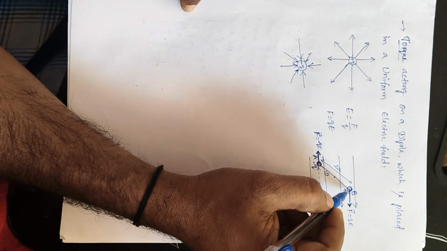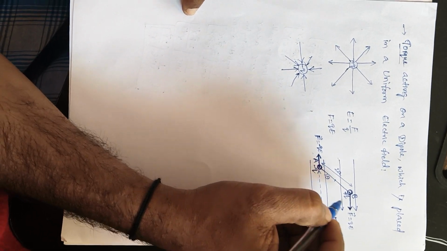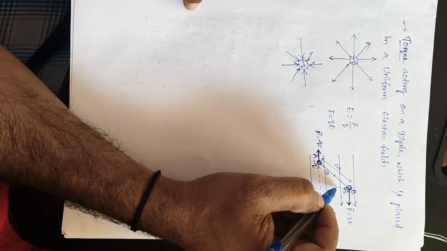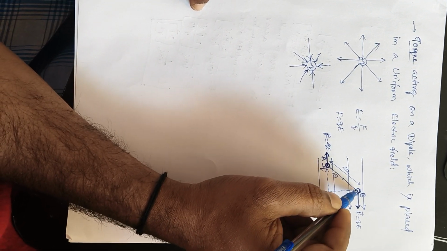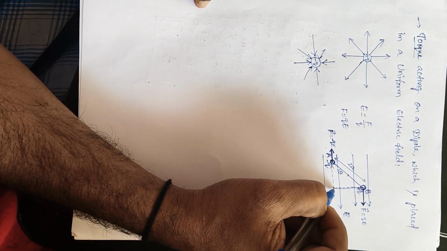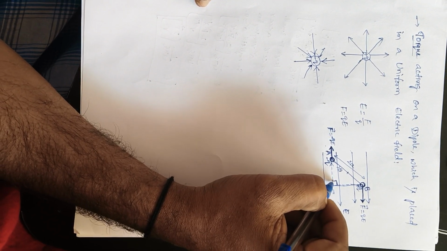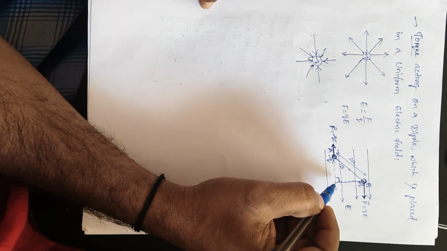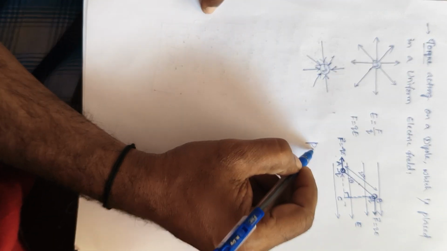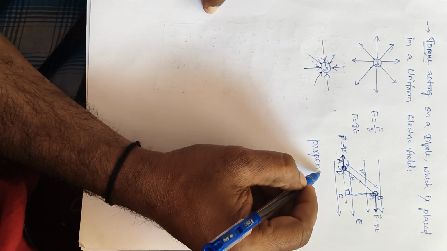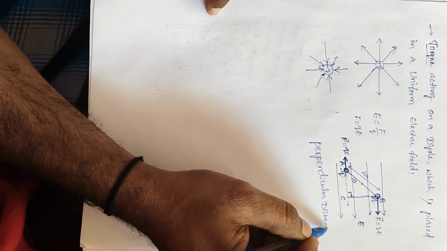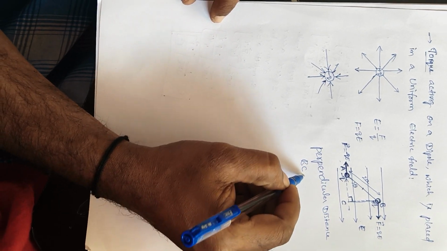How does it rotate? As we already observed, it can be aligned parallel to the electric field. Here is one force and here is the other force. The distance between these two forces is called the perpendicular distance, which is BC.